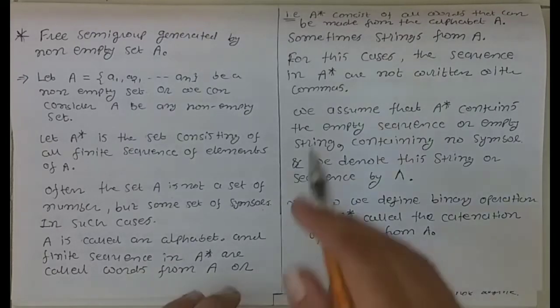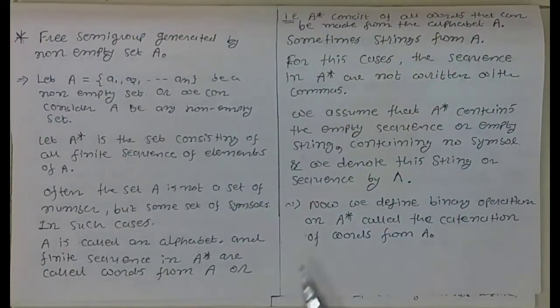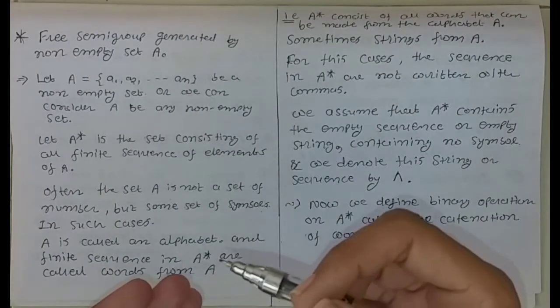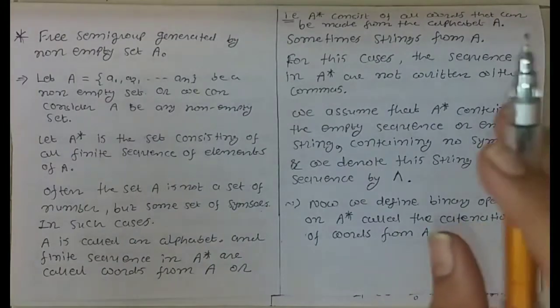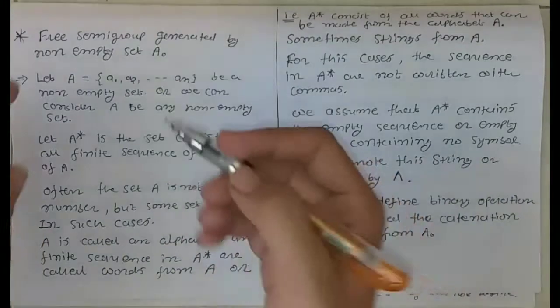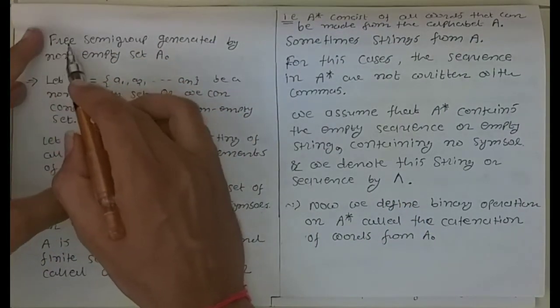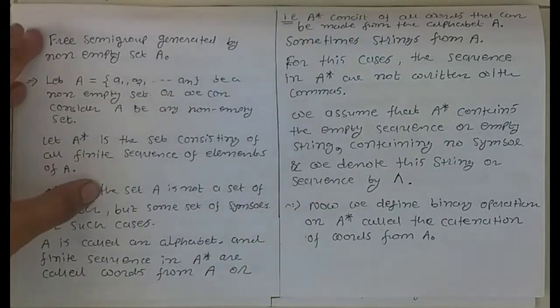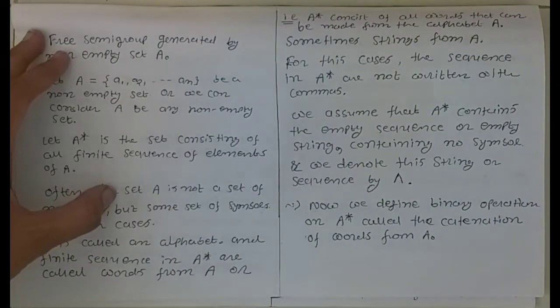Or sometimes called strings from A. Now if we consider the English alphabet, A B C D E F G H I J K L M N O P Q R S T U V, then our words are, for example, F R E E, which has 4 elements from the English alphabet.